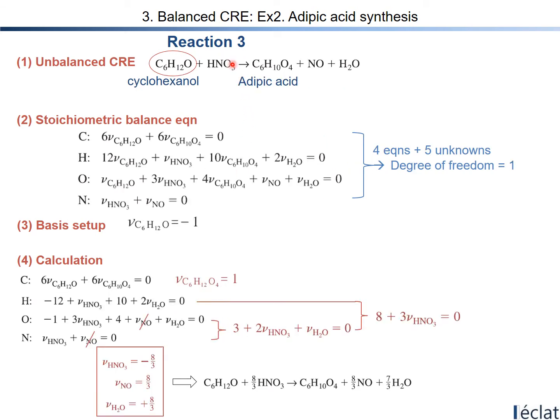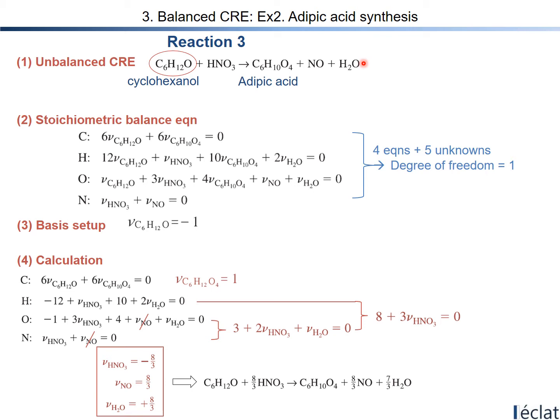Here is reaction 3. The first step, unbalanced CRE: cyclohexanol is reacted with nitric acid, and finally goes to adipic acid with nitrogen oxide plus H2O. That is the unbalanced CRE. And let me count the number of entities and number of atoms.